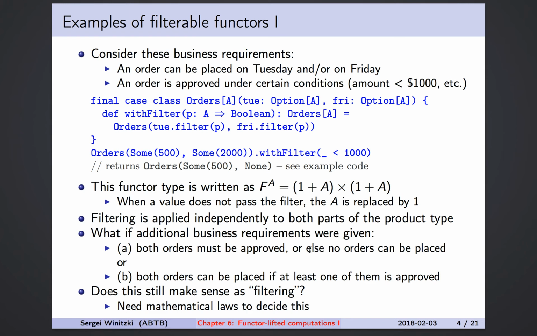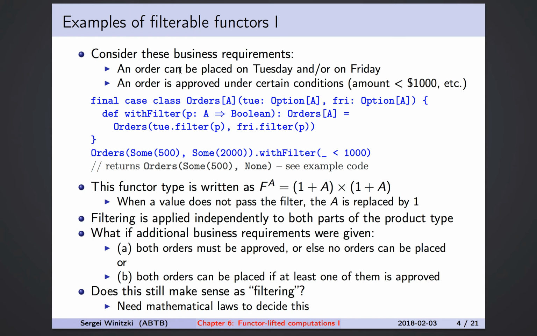Now this logic of approving or not approving is a function such as amount less than 1,000 or any other requirements. We would like to abstract away the logic of approval from the logic of which orders are approved. And that logic is the one that the filter function represents.